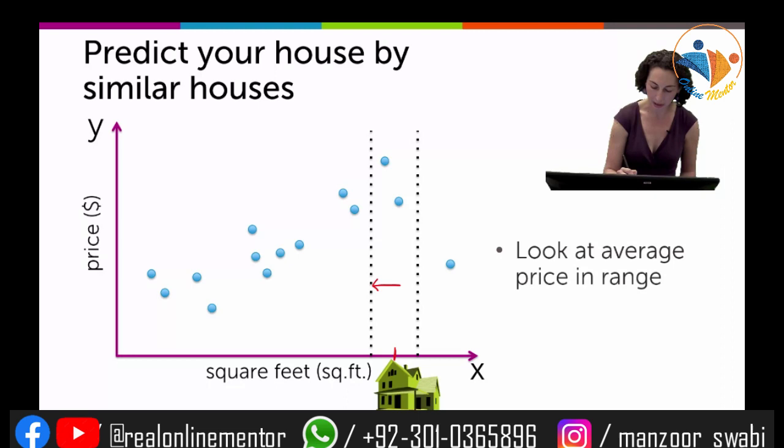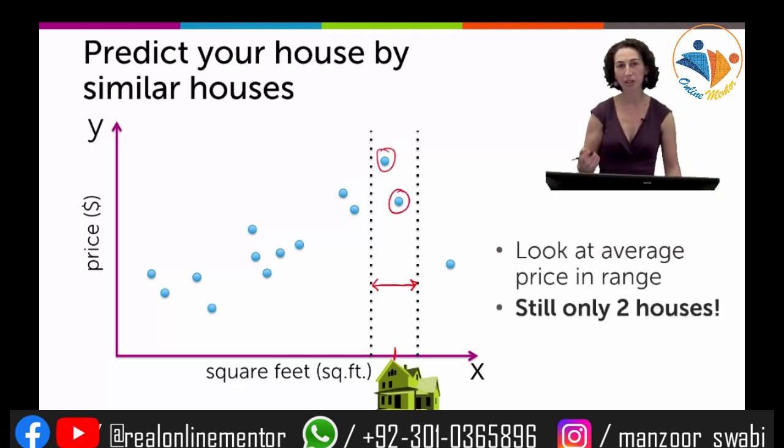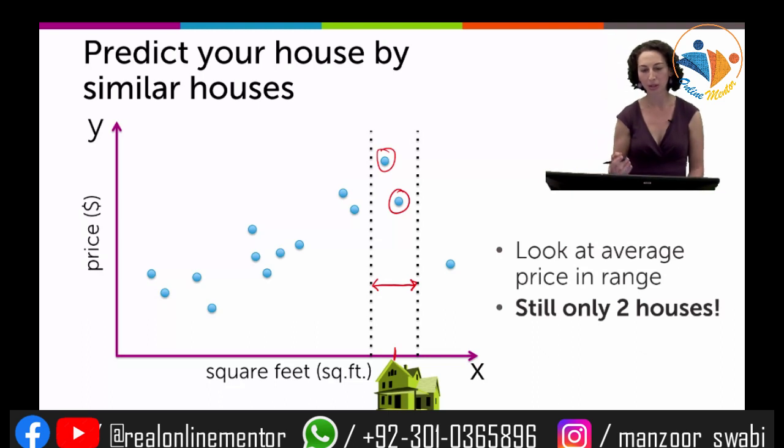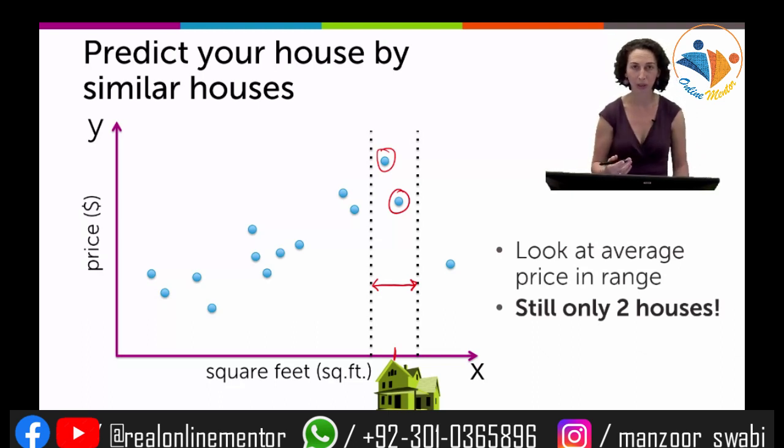So I'm going to say, okay, let's look at all house sales that were for houses within this range of square footage. But even with that approach, in this case, for example, I only have 2 house sales that I'm going to base my estimate off of. So I don't really feel very comfortable with that.